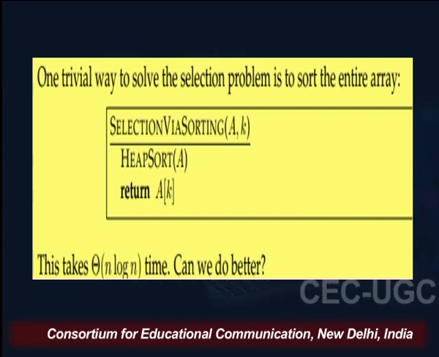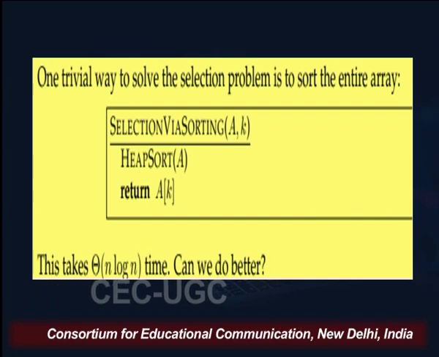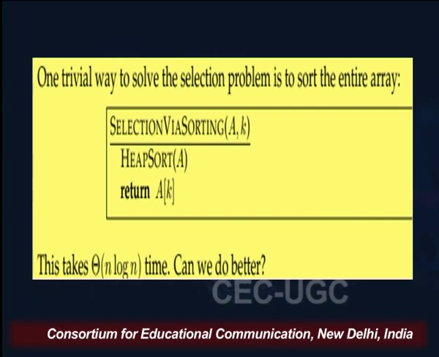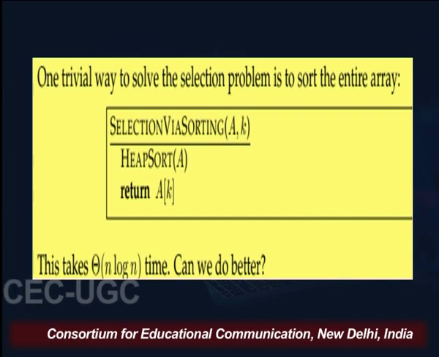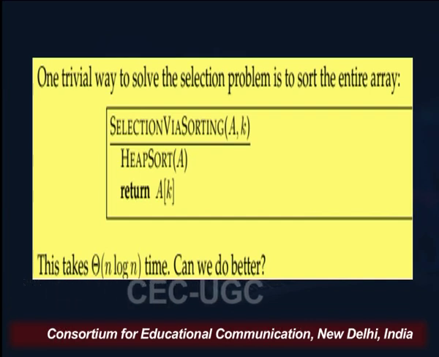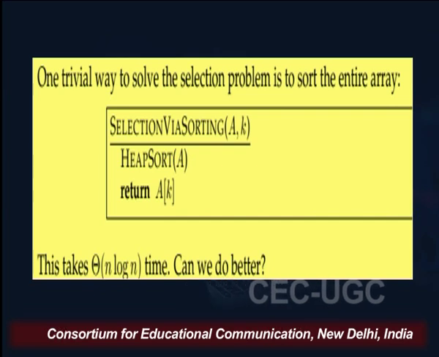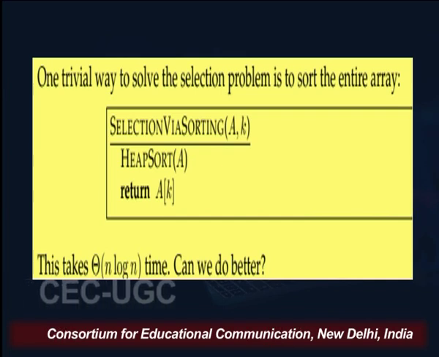It could be heap sort, it could be merge sort, and then we return that particular A[i] or A[k]. Now, this is going to take theta n log n time, and here we face a question which haunts algorithm designers every time: can we do better than this?